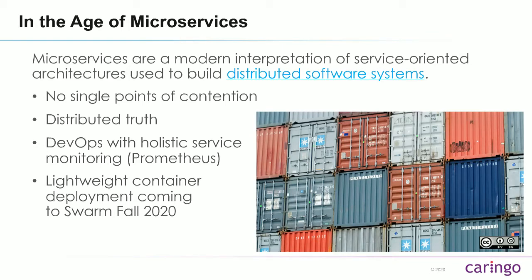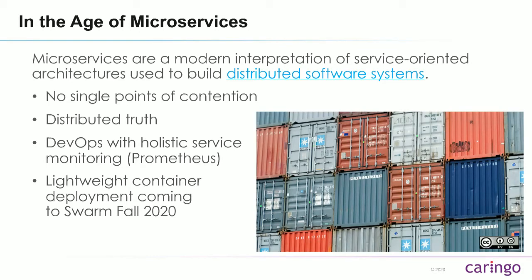So really taking the ideas of service-oriented architectures, honoring the microservices deployment techniques, and then enabling deployment of those services with DevOps dashboards and containerized Swarm. These are all ways that the spirit of the times is reflected in Swarm software.